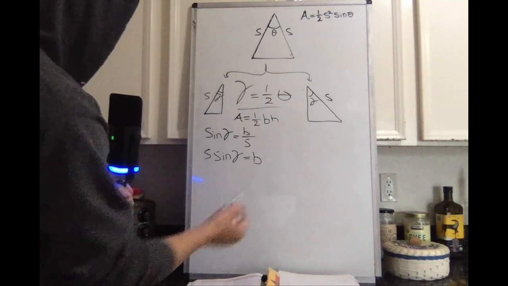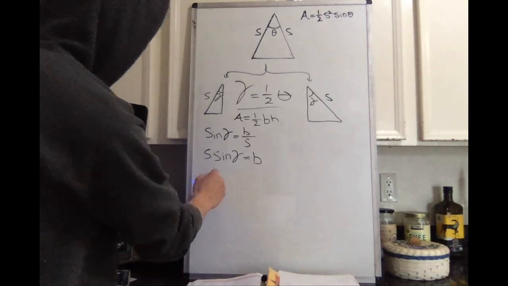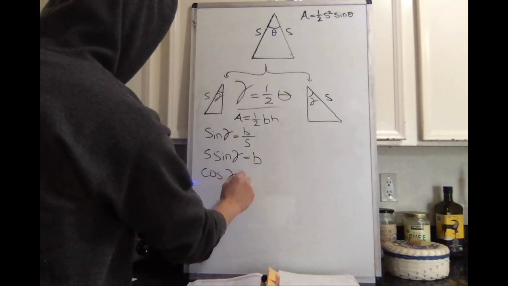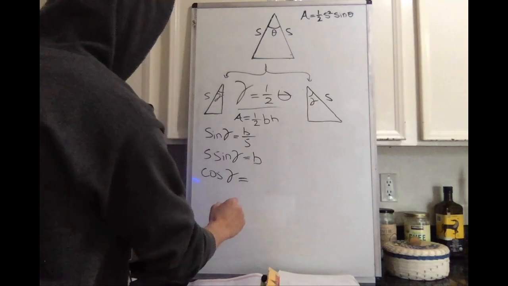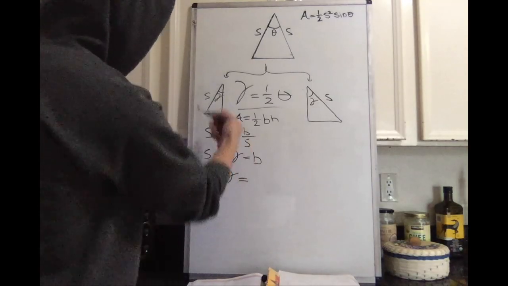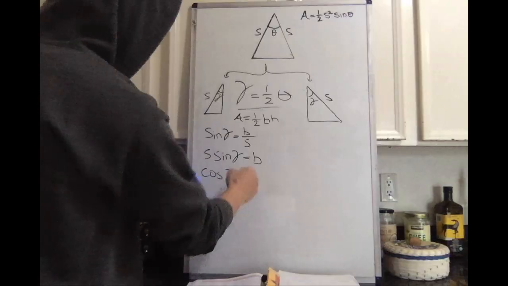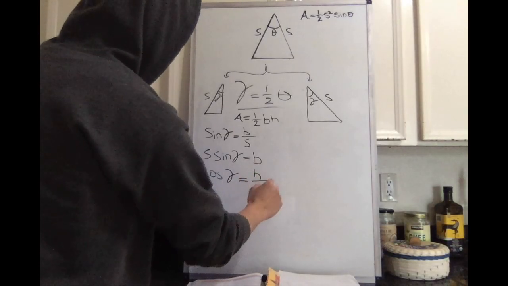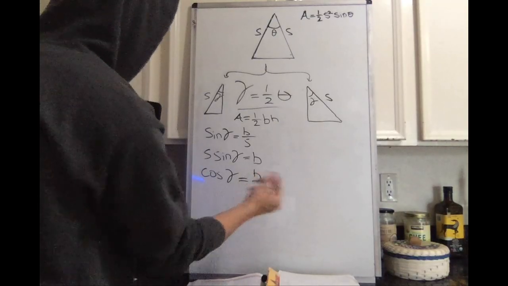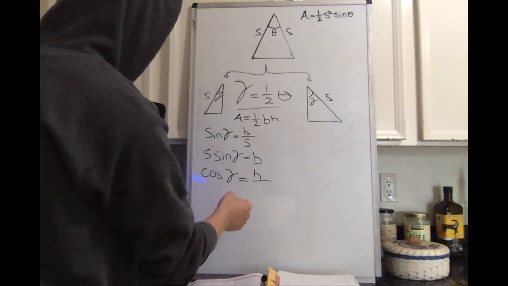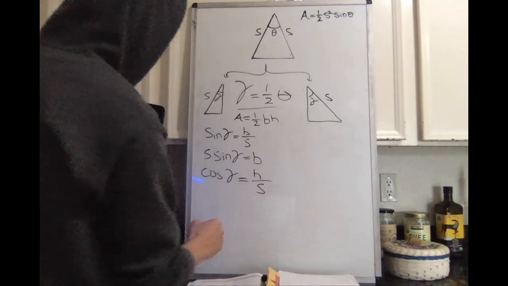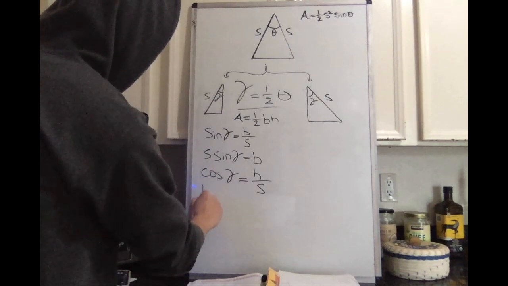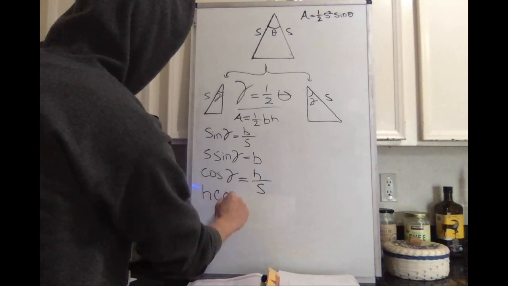And we can do the same thing for the height. We just use cosine now. The cosine of gamma is equal to the adjacent side over the hypotenuse. We'll call the adjacent side h for height. So the cosine of gamma is h over s. Then we isolate h, which is s times the cosine of gamma.